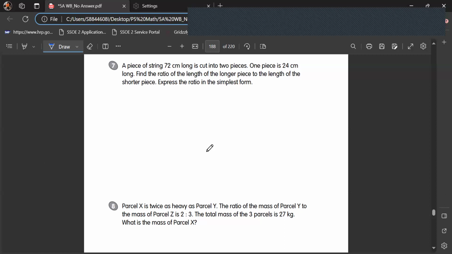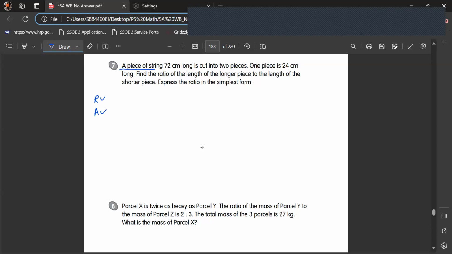Now, question 7 and 8. Well, if you are not so good with English comprehension, then I really ask of you to read, annotate, draw a picture to help yourself to understand.